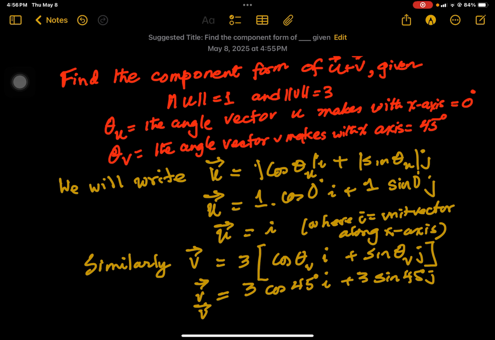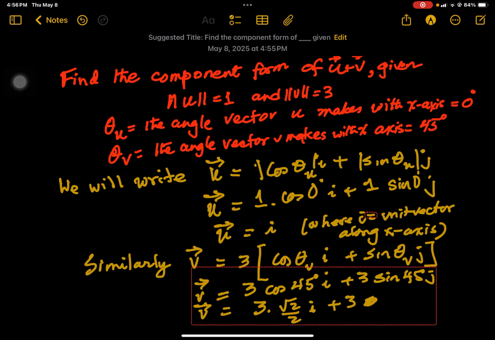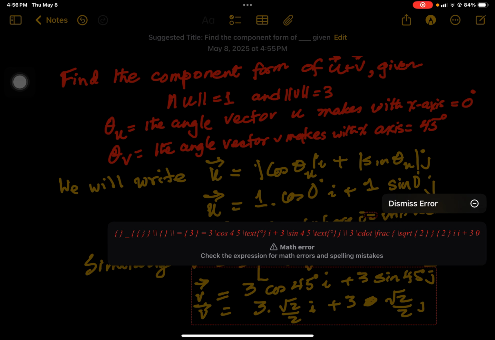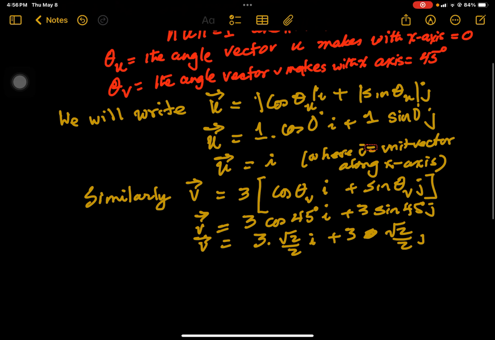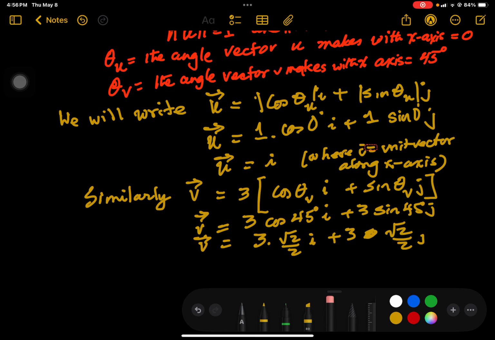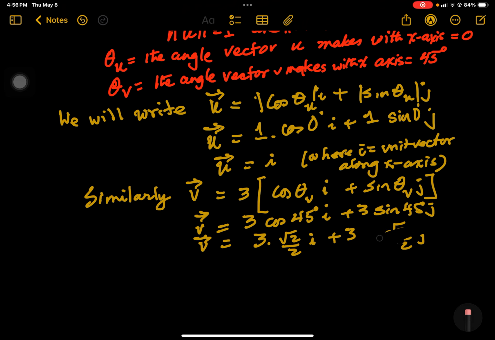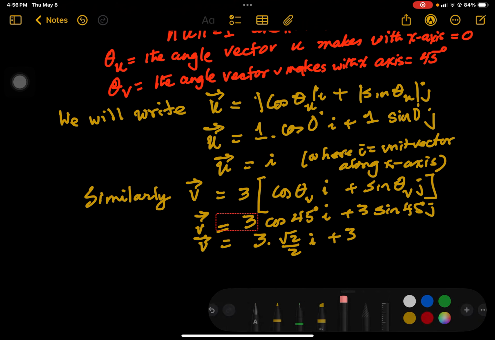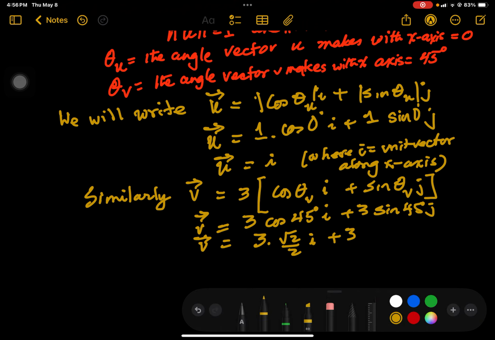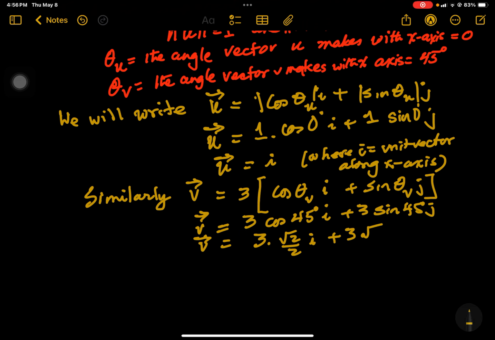That means vector v is equal to 3 times cosine of 45 degrees, which is square root of 2 by 2, i plus 3 times sine of 45 degrees, also square root of 2 by 2, j.